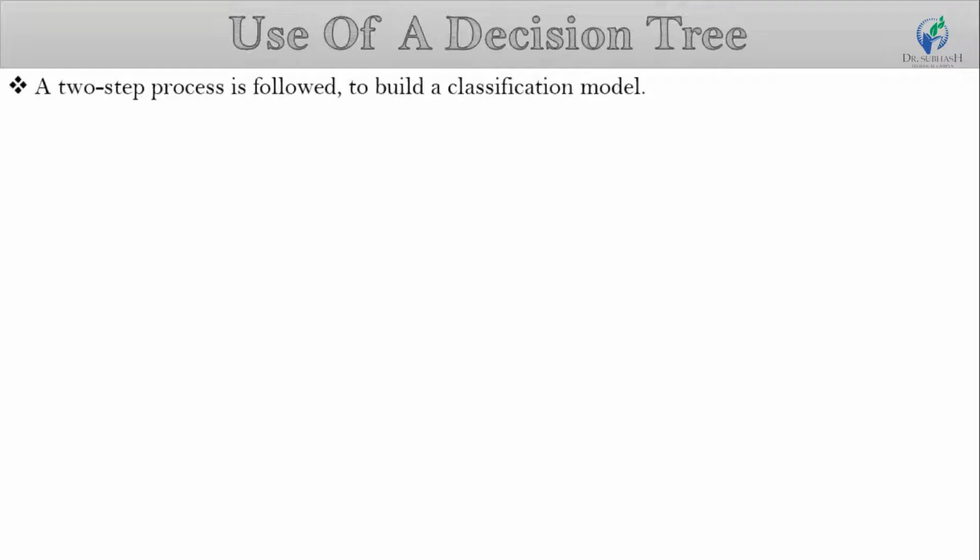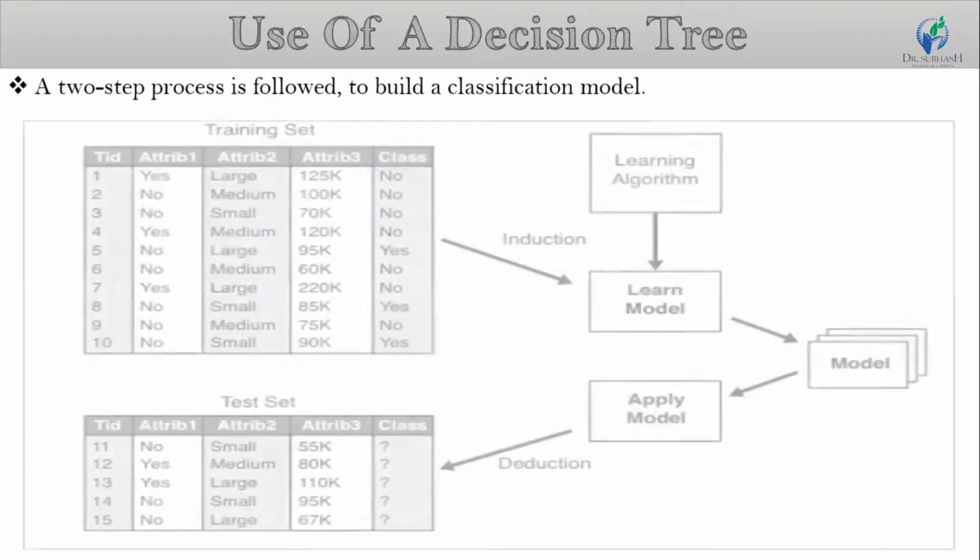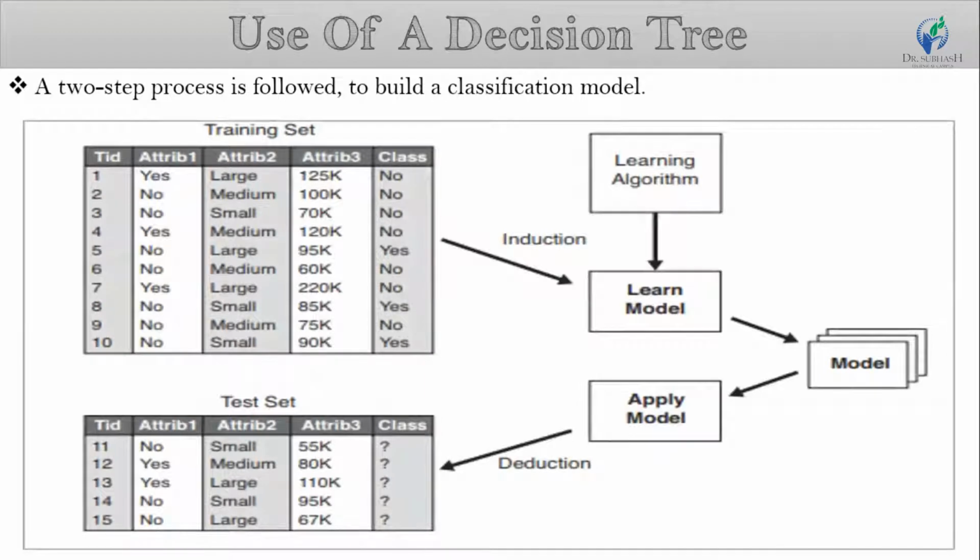Now I explain a two-step process that is followed in a decision tree to build a classification model. In the first step, or we can say in learning, the classification model based on training data is built.